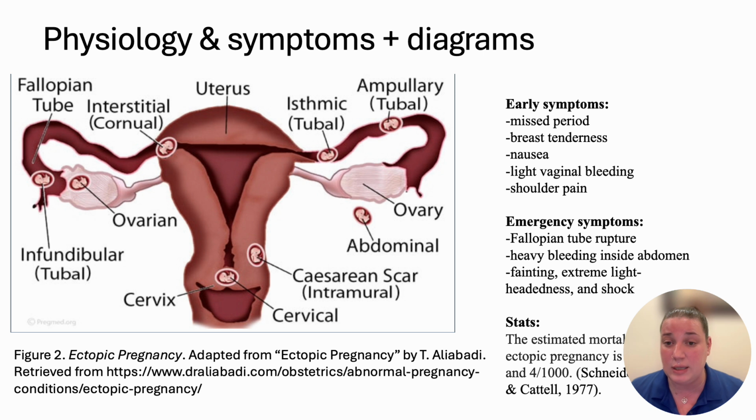Severe bruising on the abdomen to indicate heavy bleeding inside. If she's fainting, extreme lightheadedness, and she goes into shock. Unfortunately, the estimated mortality rate for ectopic pregnancy is, for every thousand people diagnosed, 4 of them will unfortunately pass away.